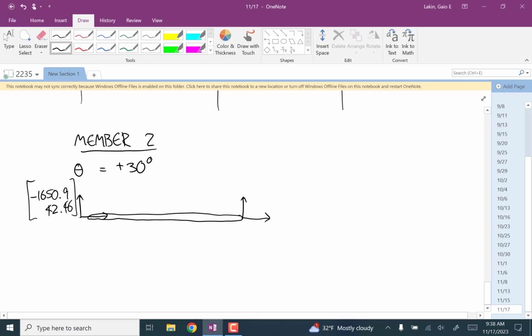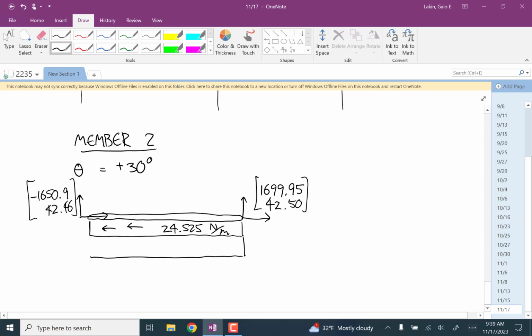On the right end, we have positive 1699.95 and positive 42.50. And for horizontal distributed load, you got 24.525 newtons per meter to the left. And then you have a downward one of 42.48.